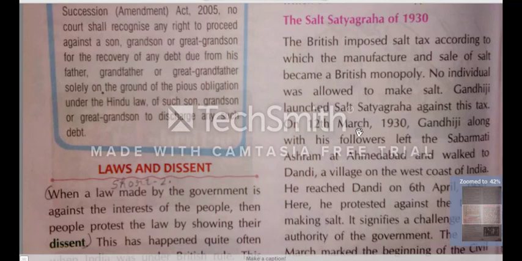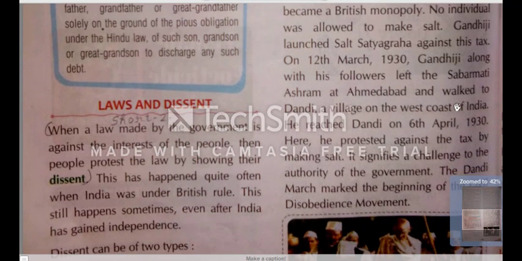On 12th March 1930, Gandhiji, along with his followers, left the Sabarmati Ashram at Ahmedabad and walked to Dandi, a village on the west coast of India.